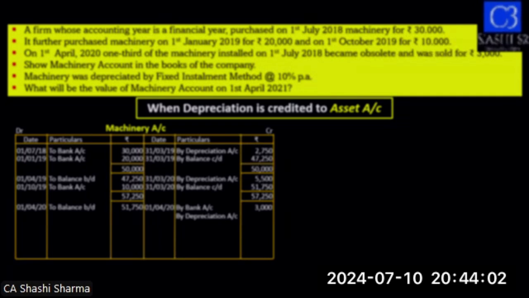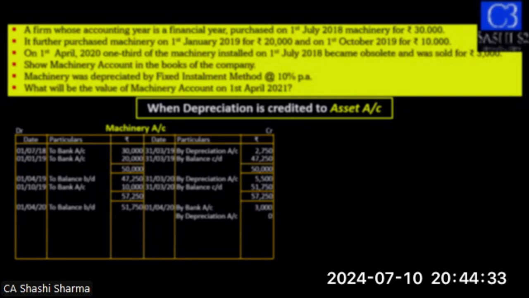But in the instant question, the sale has occurred at the very beginning of the year itself. The asset has not been used in the third year at all. So the depreciation in this case will be 0.